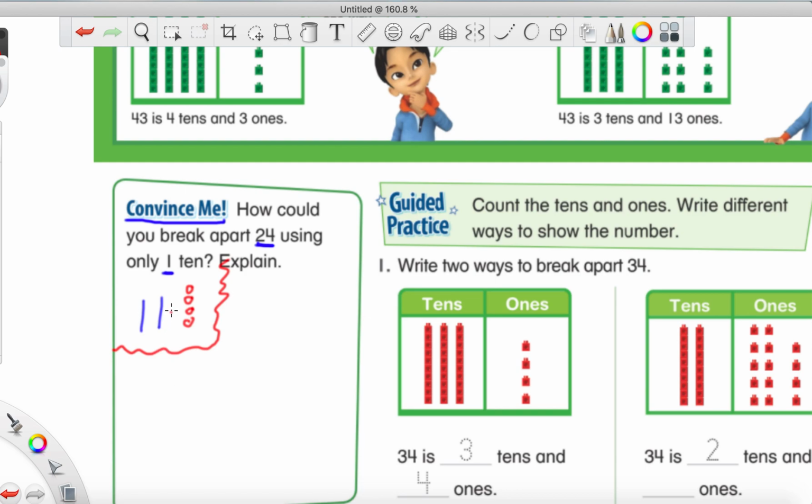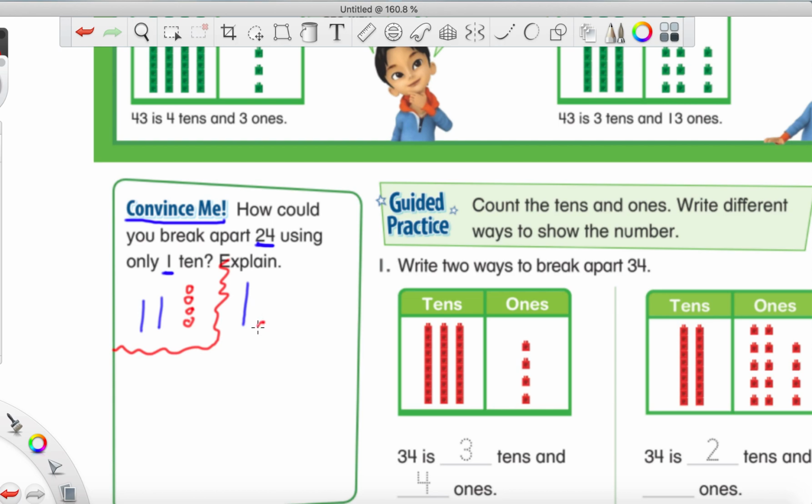But if I want to show a new way we can make 24, well, what I'm going to do is break apart one of these 10s. So in a little spot next to it, I'm going to draw that first 10 because I'm keeping one of them. And I am breaking apart this other 10. So if I break this 10 apart, how many circles do I need to draw? I need to draw 10 because 10 circles make one of these 10 sticks.